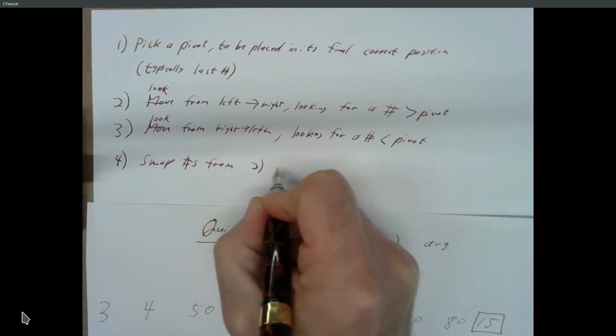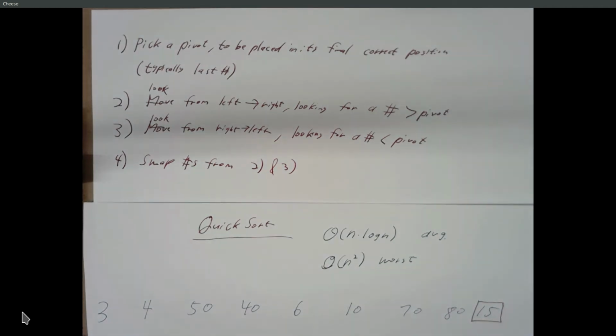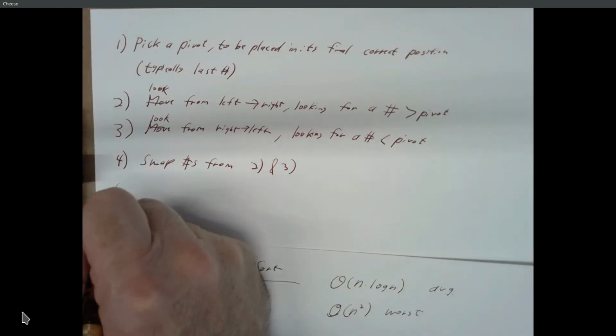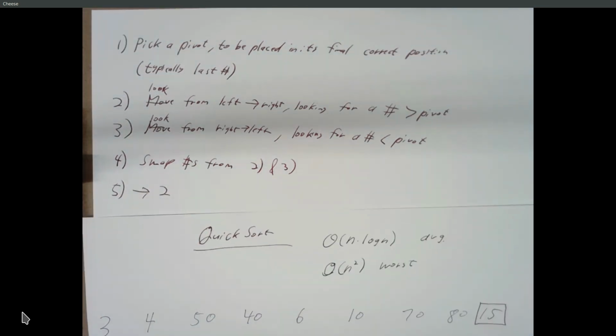And then we're going to swap the numbers that we found in steps 2 and 3. And then we're going to go back to step 2 and do this again.